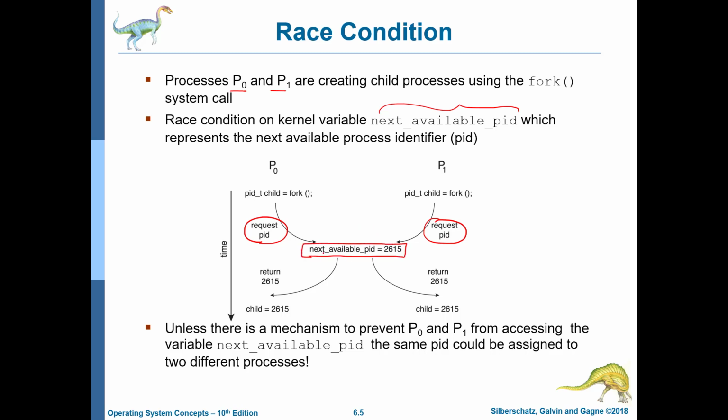If, without any form of synchronization, both the kernel threads simply return this value, we will have two processes that have exactly the same PID, which is not acceptable. So we want one of these requests to wait, and the other one to proceed. Then, of course, one gets 2615, and the other will get 2616. So there has to be some mechanism to prevent P0 and P1 from accessing the same variable at the same point in time.